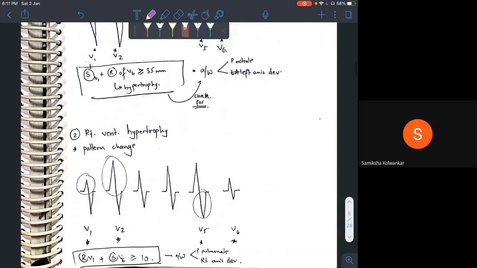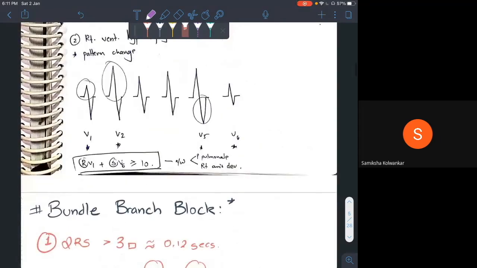You guys know the causes, which is P mitral and left axis deviation. And in right ventricular hypertrophy, you're going to have a complete change, where RV1 is greater than SV6, most commonly in P pulmonale and right axis deviation.